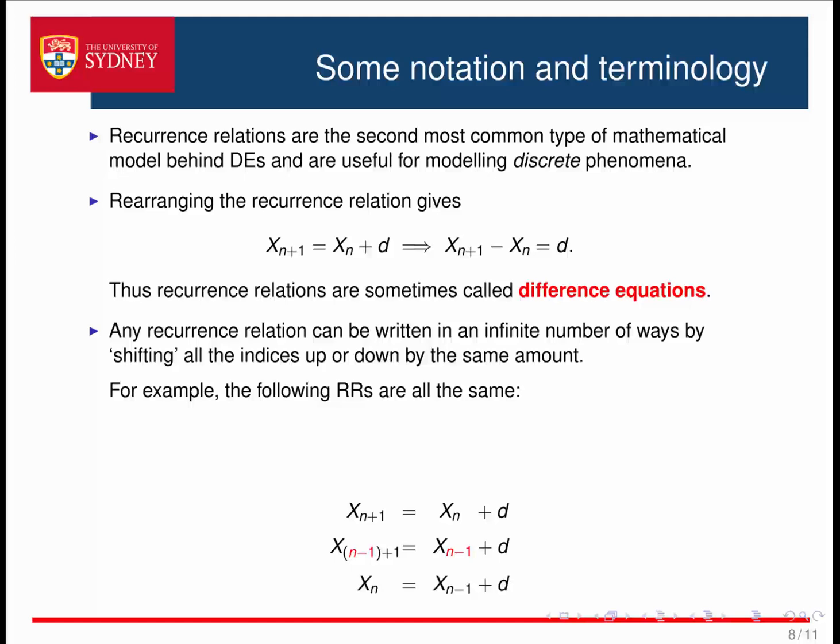Simplifying the subscripts then gets us the following equivalent equation. That is, here replacing n by n minus 1 throughout the original equation produces the new equation. Or you could think of it as just subtracting 1 off of all of the subscripts, so that we have effectively shifted all the indices down by 1.